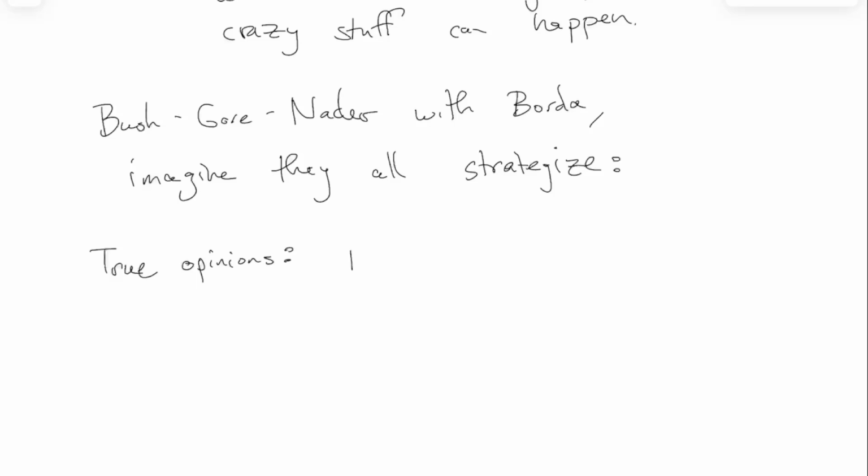The true opinions of these people were 2.9 million people say Bush, Gore, Nader, and, as I always write, Gore, Bush, Nader, and then 0.1 say Nader, Gore, Bush. All right. But I want to think about how would these people vote differently if they knew they were using the Borda. Of course, I hope you all remember, the Borda is the one with the points, right? 0, 1, 2. And if we add up the Borda points here, we actually did this example using Borda a long time ago.